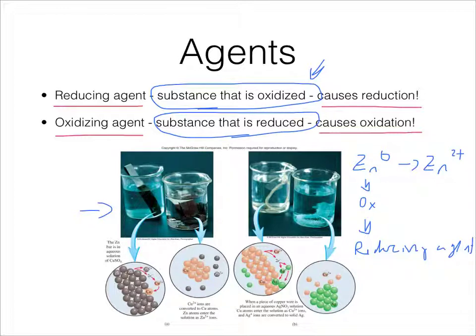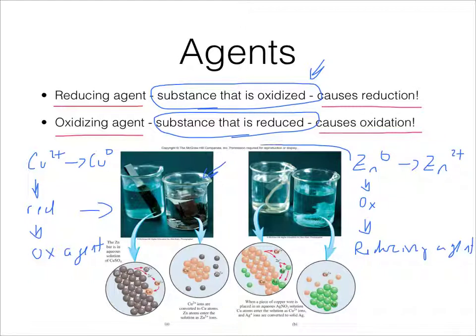Now the copper, on the other hand, goes from being a 2+, so Cu2+, to being a Cu metal, a Cu0. So it must have gained electrons. Since it gained electrons, it got reduced. So the copper is reduced, which means it caused oxidation, so it is the oxidizing agent.